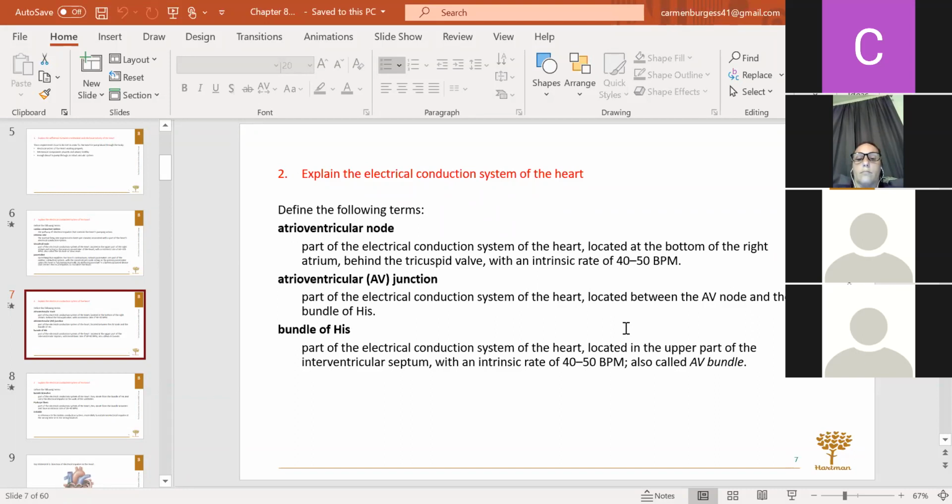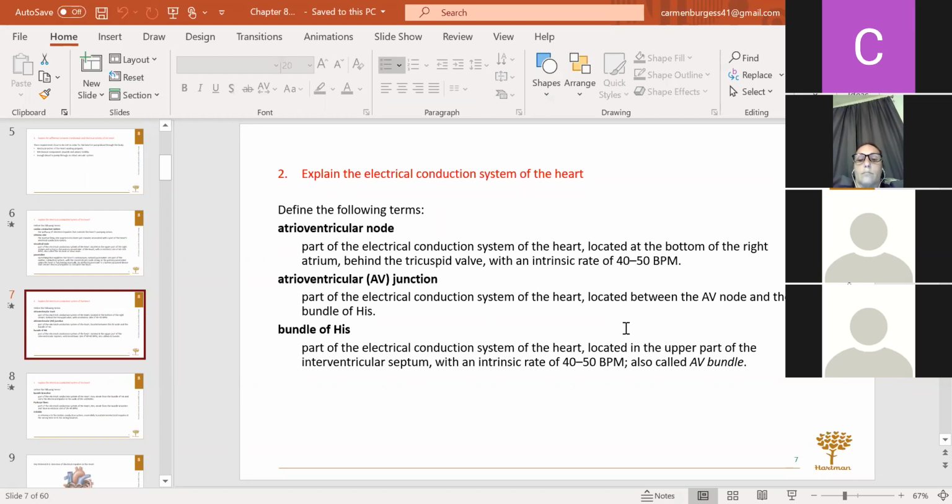That's the next junction, the bundle of His, located in the upper part of the interventricular septum. The bundle of His can also be called the AV bundle. That's where the atrium and ventricle come together, as part of the septum. It again has a rate of 40 to 50.